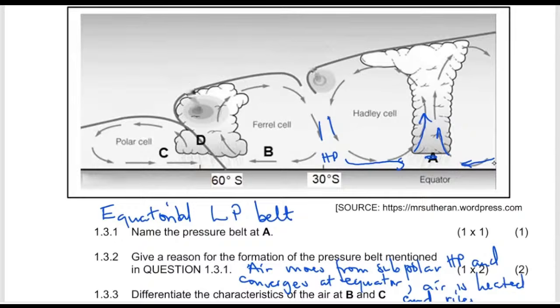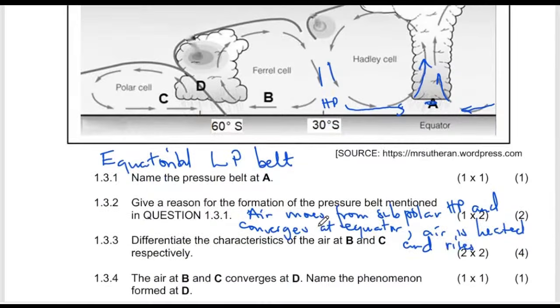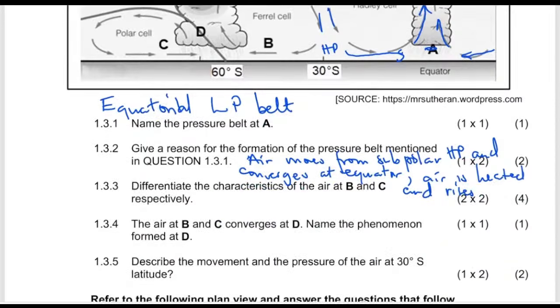Differentiate the characteristics of A at B and C respectively. What are the features of A at B and C? If we look at B, our B is there and our C is there.